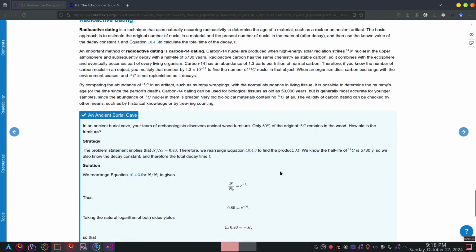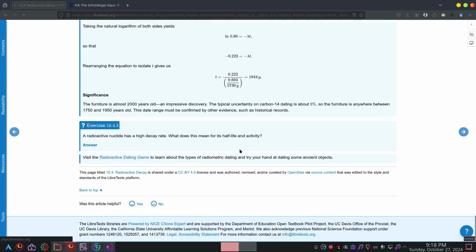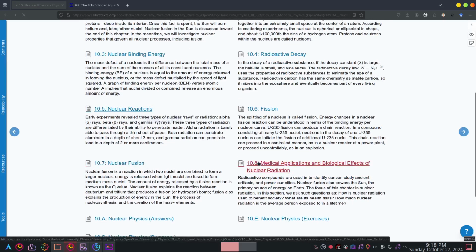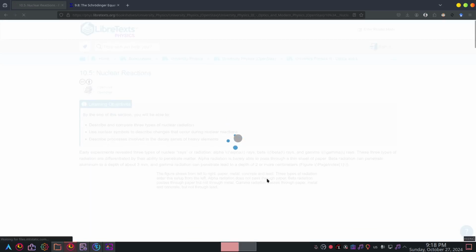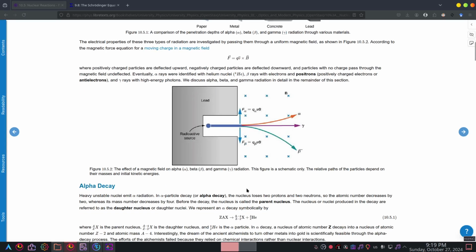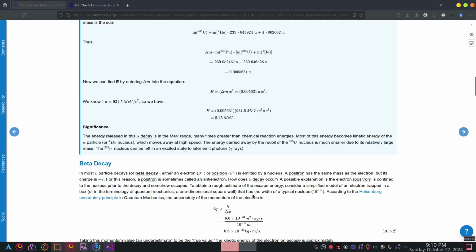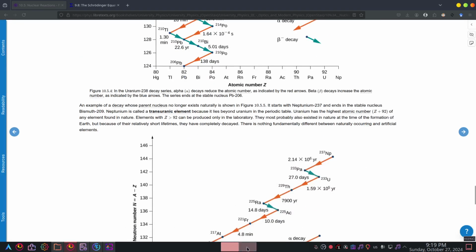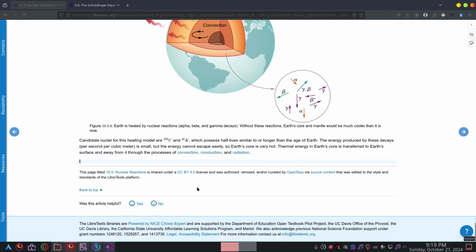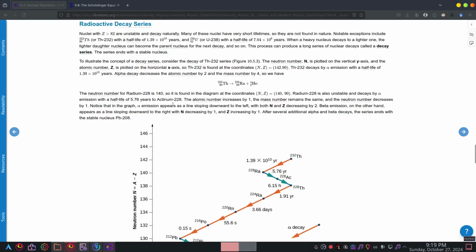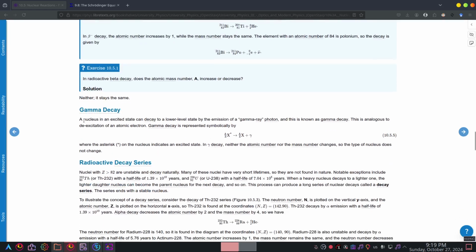There's the decay law and everything, but where is it? Nuclear reaction, yeah. All these nuclear reactions are very heavily governed by Schrodinger's equation. So you see this part about gamma decay.